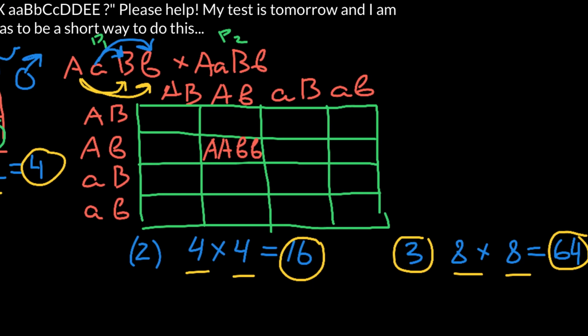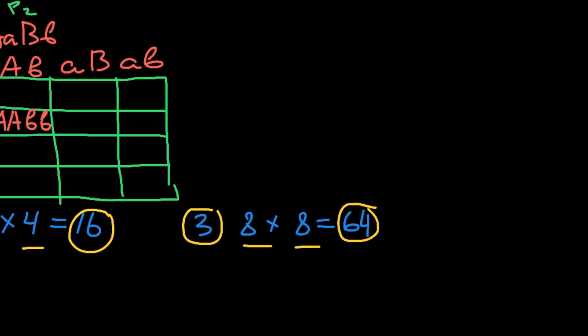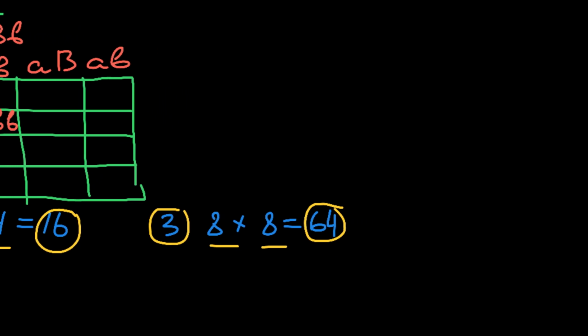So let's continue with, say, 4 genes. We are going to have 16 by 16, and this time this is going to equal a Punnett square with 256 cells.